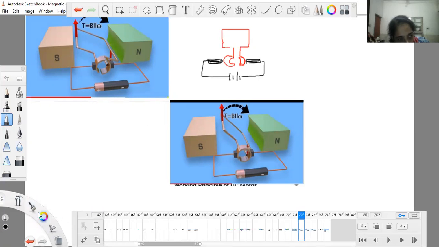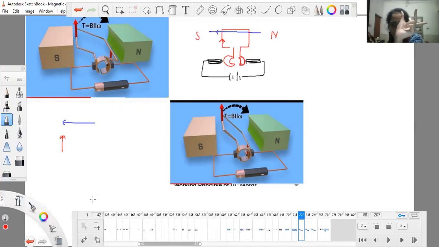Okay, so the direction of current will go this side, and this is the magnet. So magnetic field line will go from north to south. So there are two lines this side. The blue line is the magnetic field line, and the red line is the direction of current.